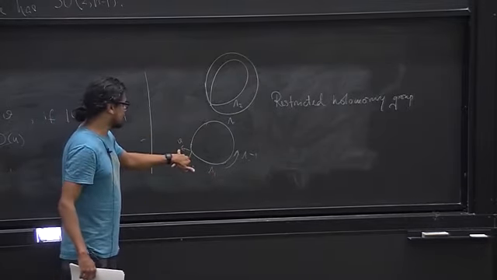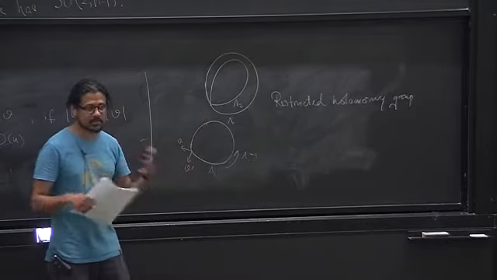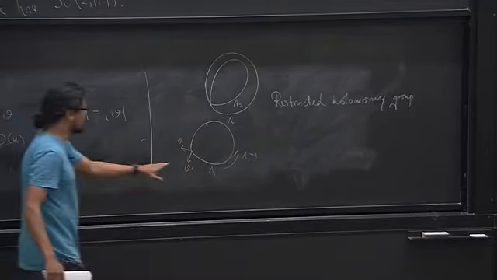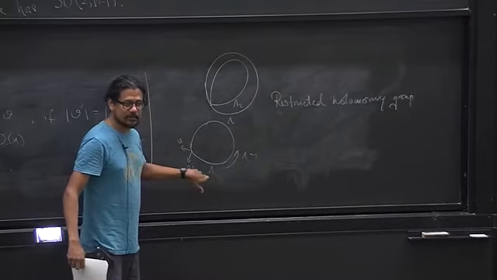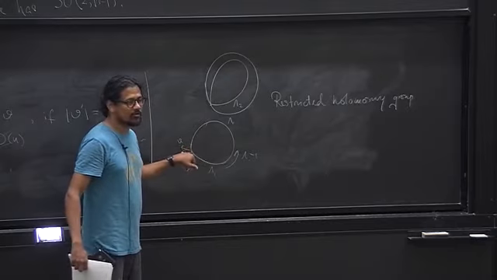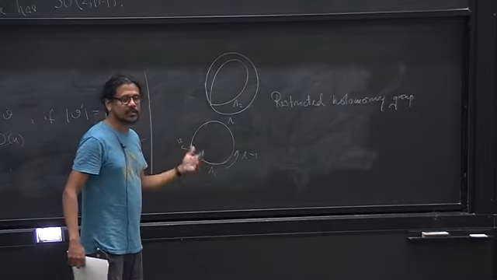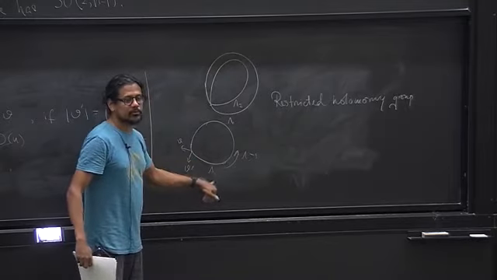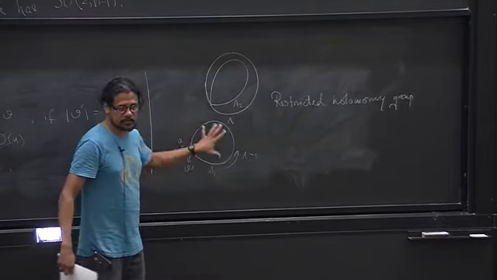So this vector and this vector are in the same tangent space, so they must be rotated by SO(N). That's how I associate it, and you can show that this rotation is independent of which vector you took from the initial tangent space. That's how we assign a group element to a loop.